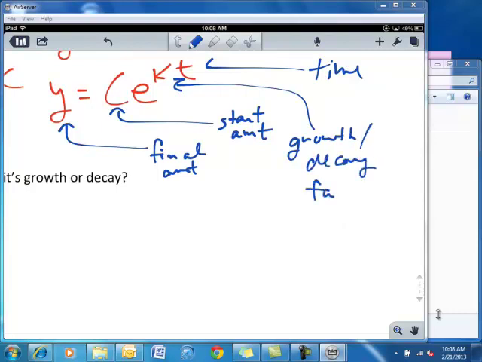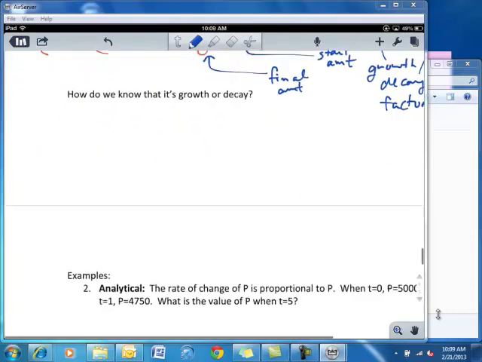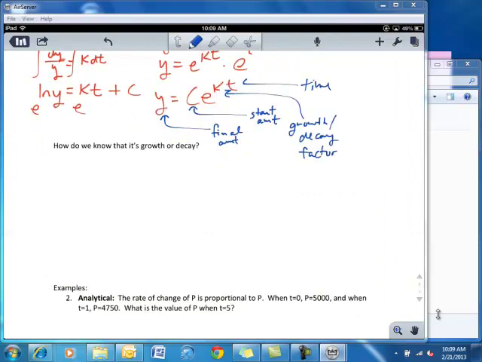It tells you how fast something is growing or decaying. So let's answer that question that's kind of cut off there. How do we know whether one of these functions is describing growth or decay? If k is positive, it's growth. And of course, if k is negative, it's decay.